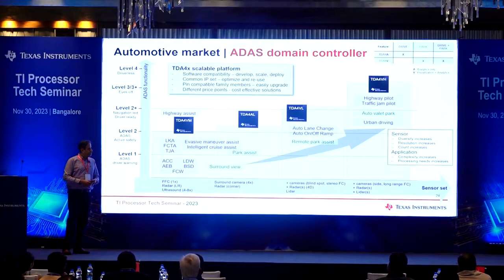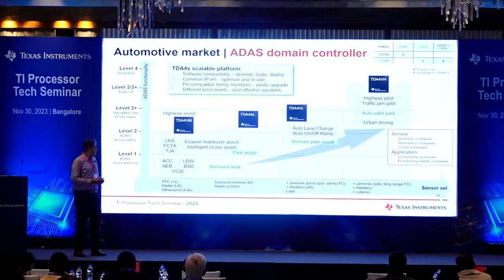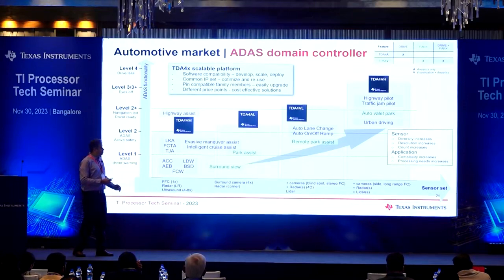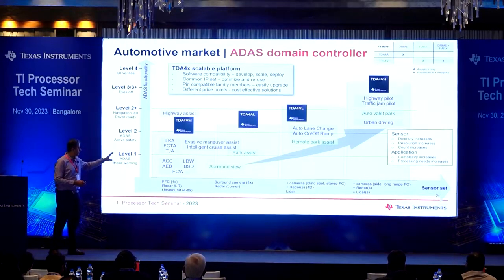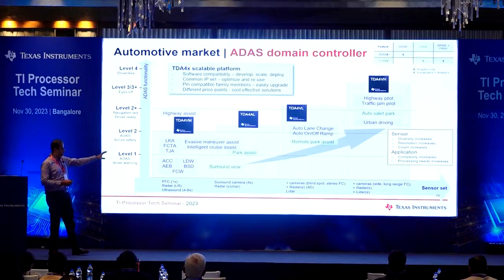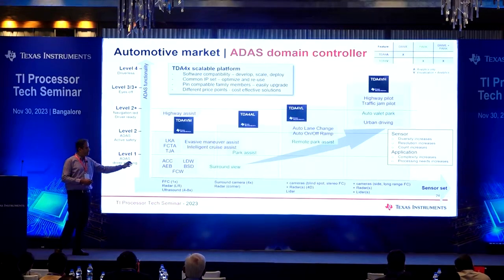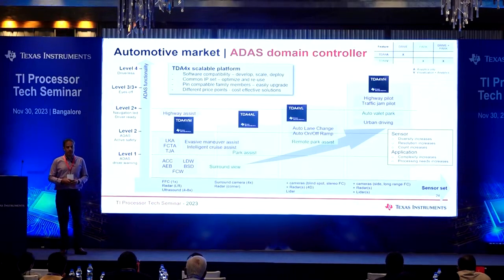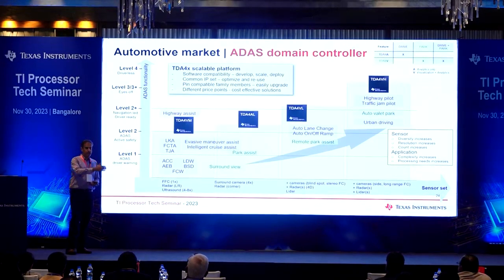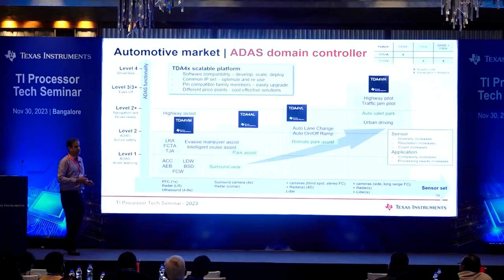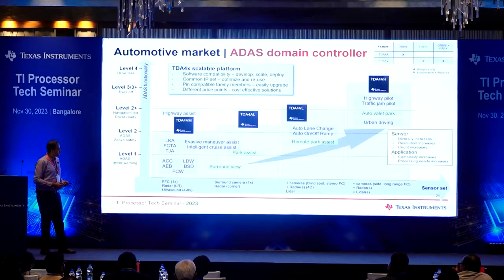So the TDA family of processors is really enabling this piece, and as you can see, we've got a whole set of devices which can solve problems all the way from a basic lane keep assist, a surround view, or even a park assist to a highway autopilot type of use case. I'm going to deep dive now into the next slides on some of the demos that we have, which are solving these problems, and you can see for yourself how that is happening.